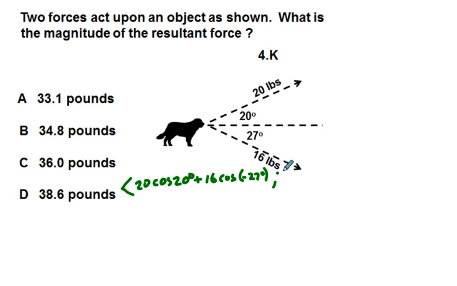And then for y, we have 20 sine 20 degrees plus 16 sine negative 27 degrees. So that's what it's going to look like. So we can just go to our calculator and put them in, see what we get.